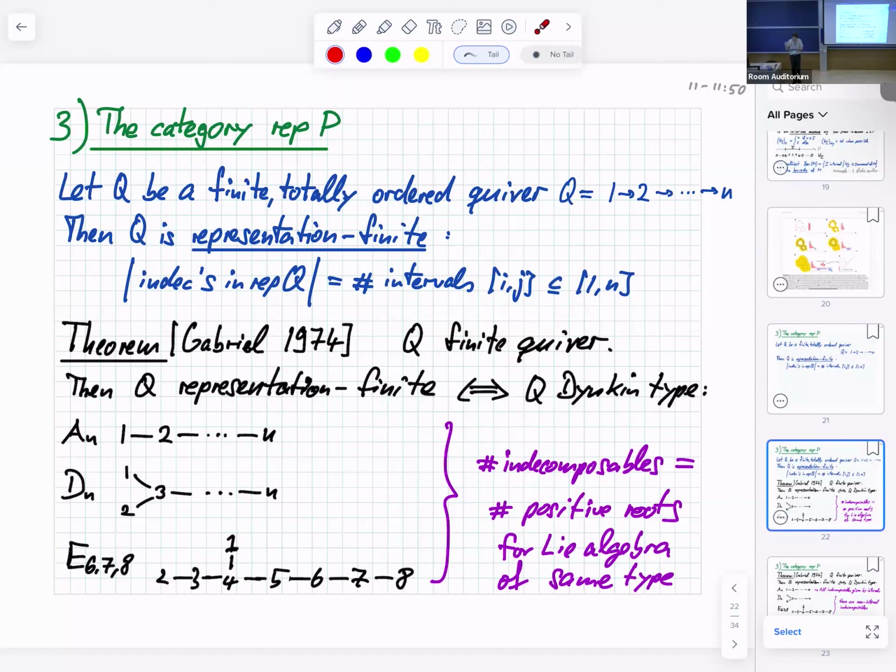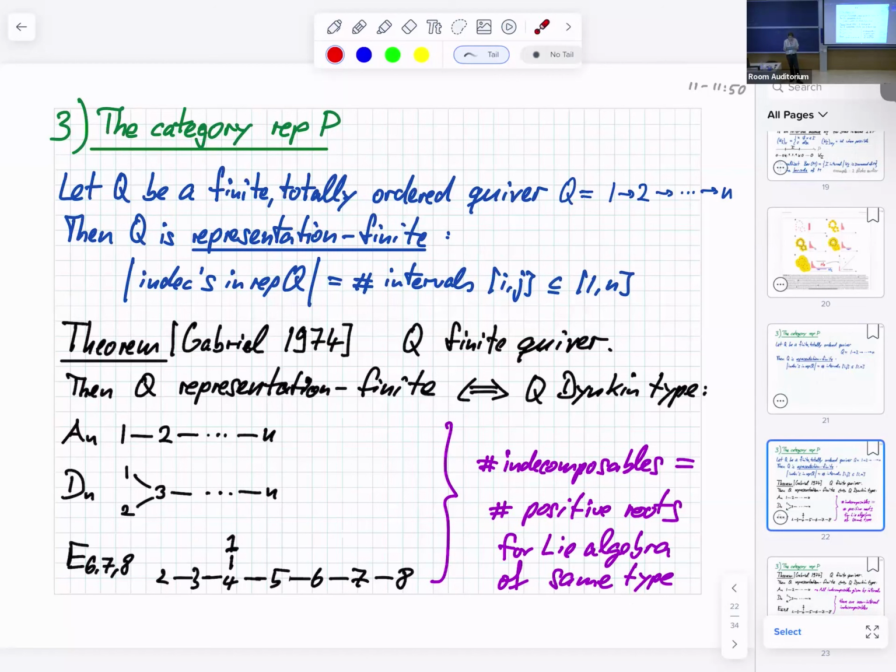Okay, good. So this is the general theory which we do not need to be concerned with too much here. We are here mainly interested in AN. For the AN type quivers, we do know that all the indecomposables are given by intervals.